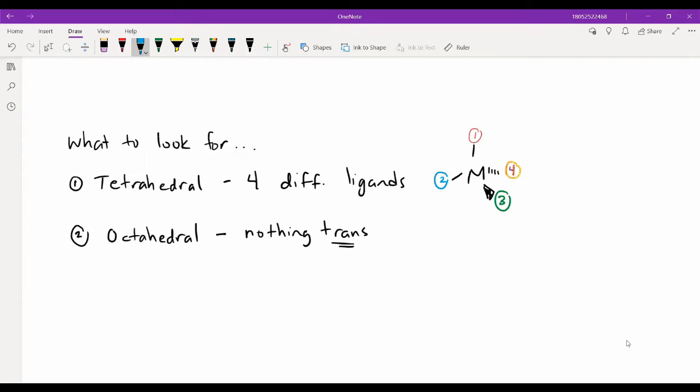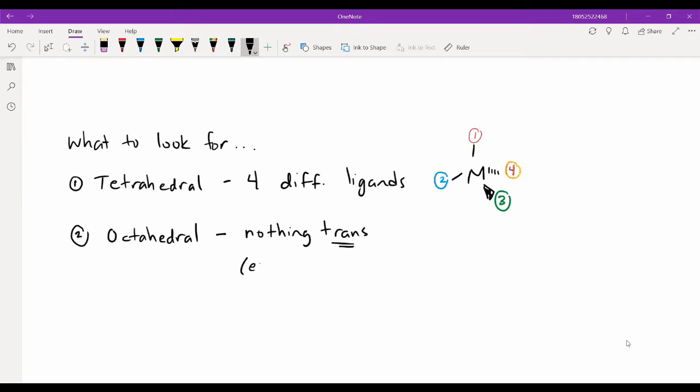Octahedral is a more common geometry, and there's not a great specific thing to look for. I would say the best rule is that nothing can be trans. If you have any kind of ligand that's opposite the same one, that will not have this property.